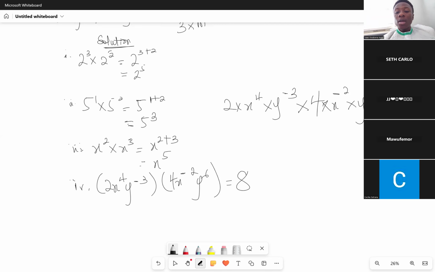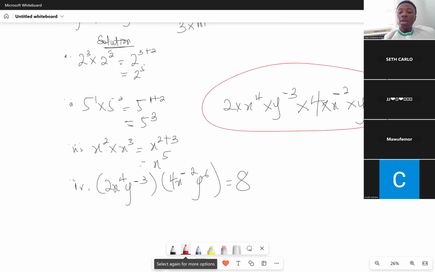Now x exponent 4 multiplies x. Oh, by the way, if you're wondering where I'm looking, I'm looking at this. Now you see the x, they are the same. So deal with them and they are multiplying. So you end up having x exponent what?